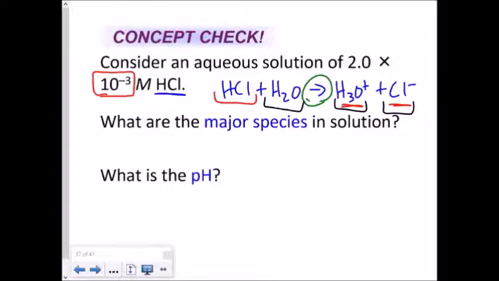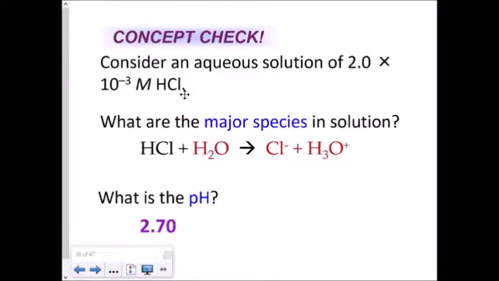So I can tell that's a pretty high concentration, and the hydrochloric acid reacting with the water to create hydronium and chloride is going to be the dominant reaction, and it's going to control the pH.